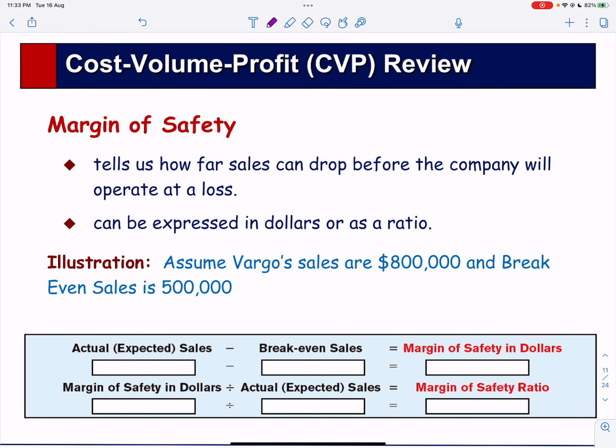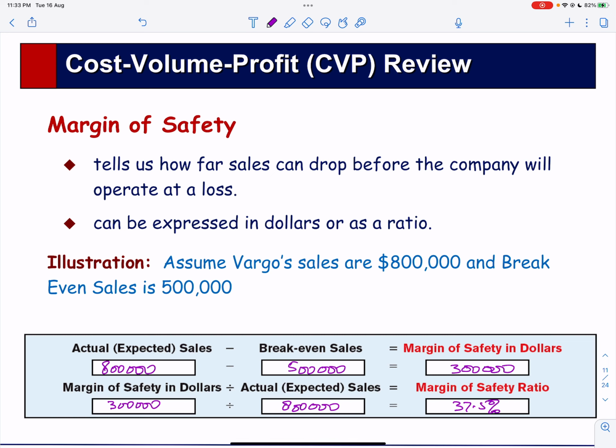So we have the sales of 800,000 and the break even is 500,000. So the margin of safety in dollars is 300,000, and if you want to calculate the margin of safety ratio, we have the margin of safety in dollars, that is 300,000 divided by the expected sales or actual sales, that is 800,000, so that is 37.5%.